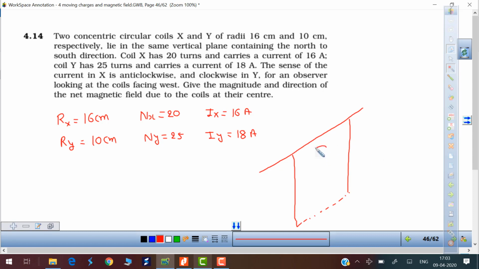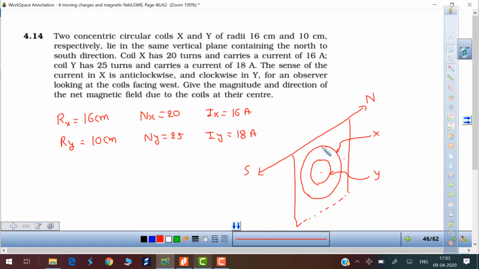So first I draw one coil, this I say is X, and you have another one, Y. This side is north and this side is south.